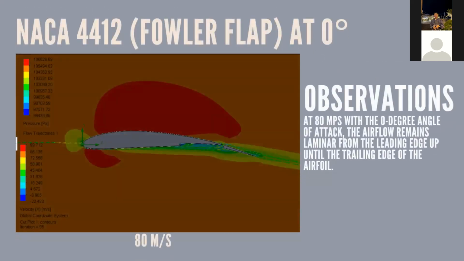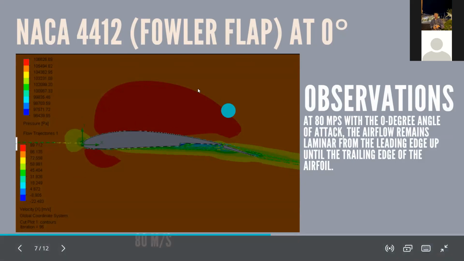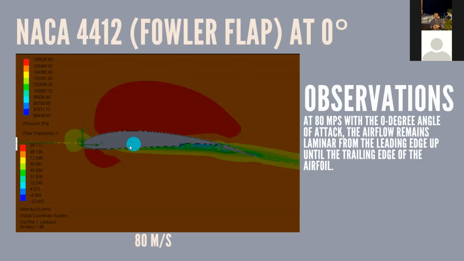So still at 0° angle of attack at 80 meter per second. Ang aming observation po is mas naging greater yung velocity. So kung kanina around 74 meter per second lang, ngayon umabot na ng 99.712 meter per second dun pa rin sa upper surface ng ating airfoil.